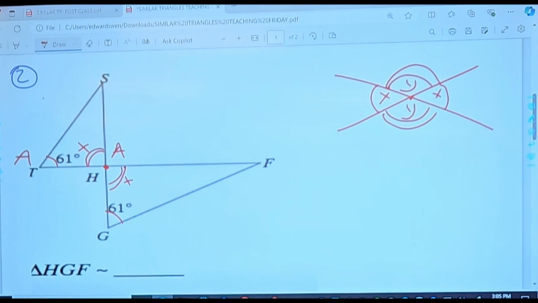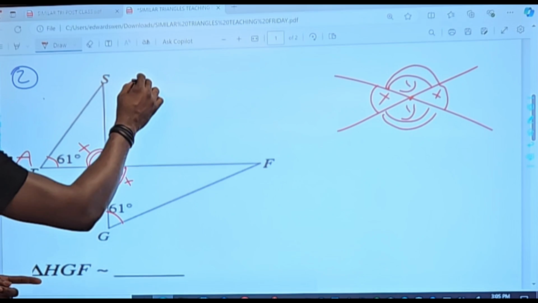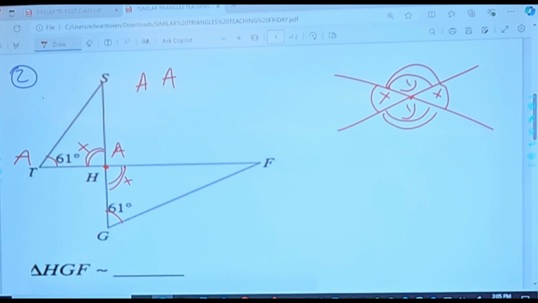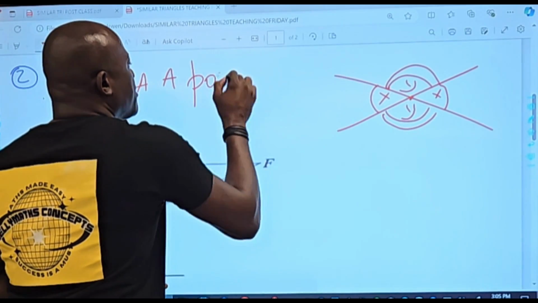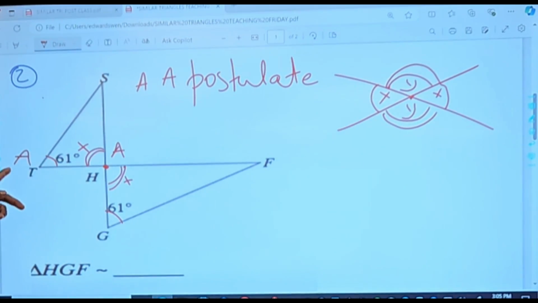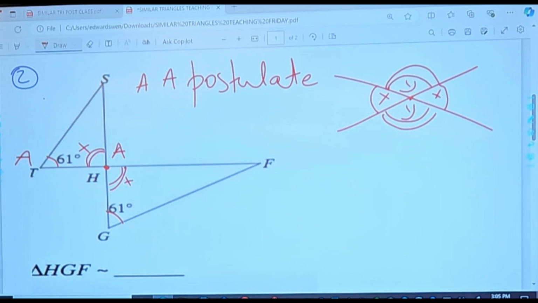That is why the postulate says, if you have angle, then you could stop, because it's natural that the last pair would have to be the same, because they both add to 180. So the angle postulate is what we have here. Angle. So they are similar. Even though we don't see any sides, we know they are similar based on the ideas.